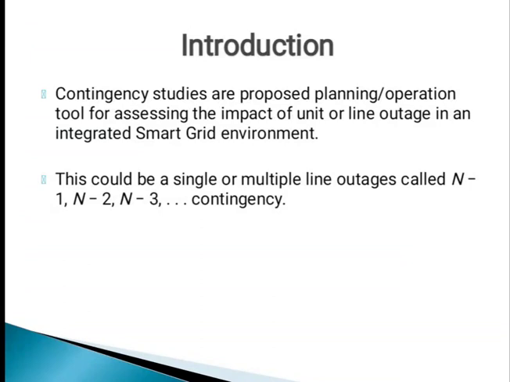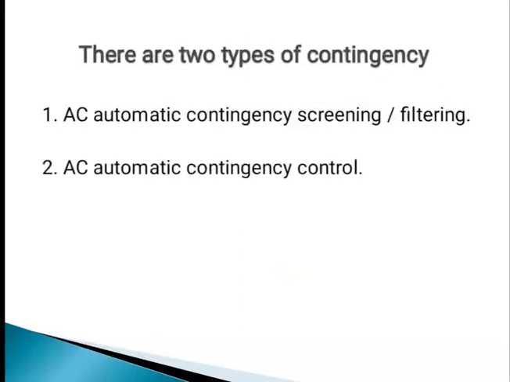Usually in a single line or multiple lines, outages may take place, that is n minus 1, n minus 2, n minus 3, and we are going to study such contingencies. Basically there are two types of contingencies.